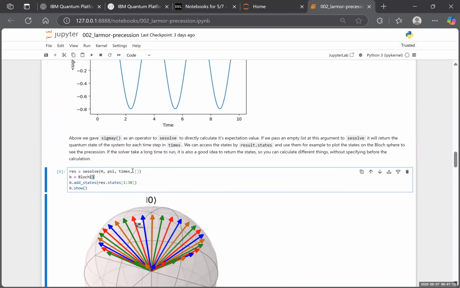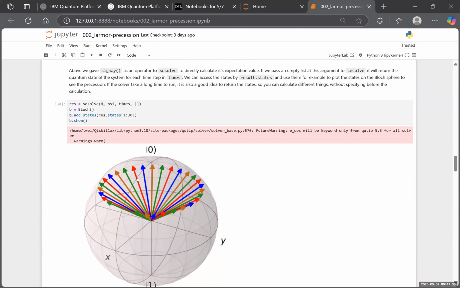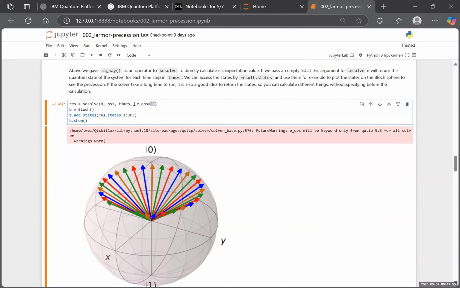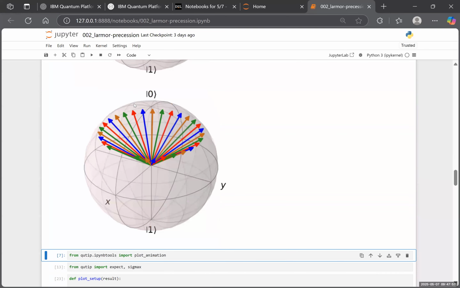So this is illustrated here: you don't pass any operator, and then you add the states to the Bloch function, and then you show, so they give all the states on the Bloch sphere. And as I said, in the future you will need to use this keyword. And yeah, I don't know why it shows twice.